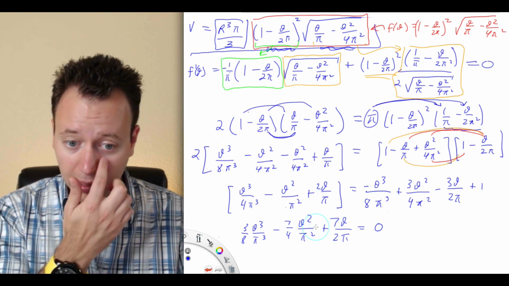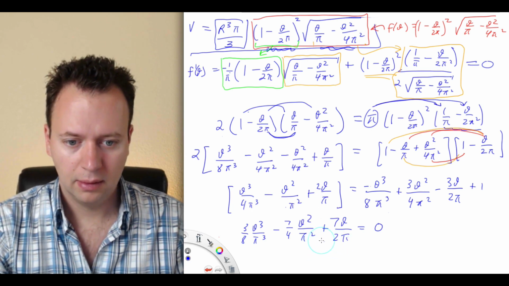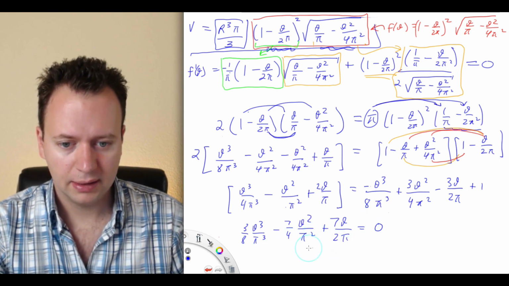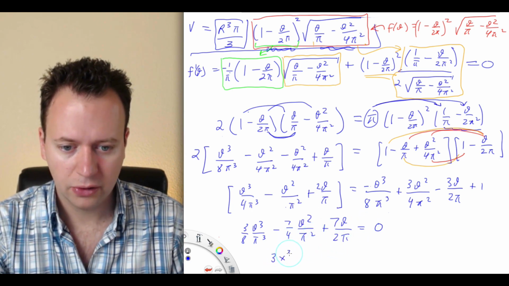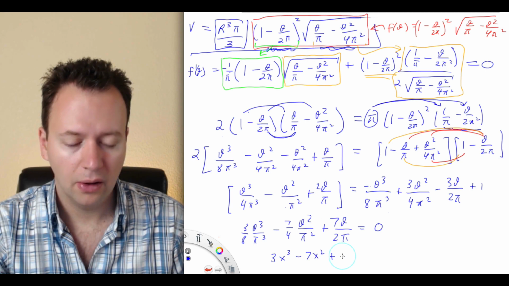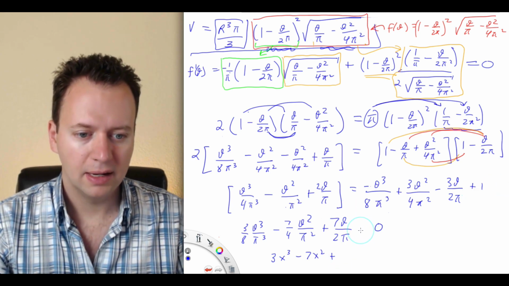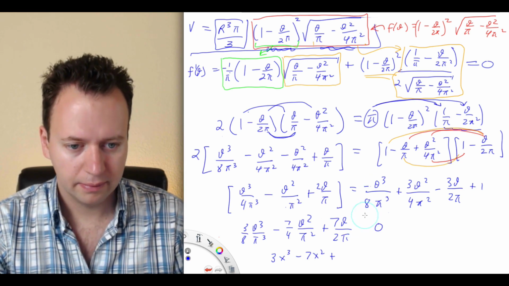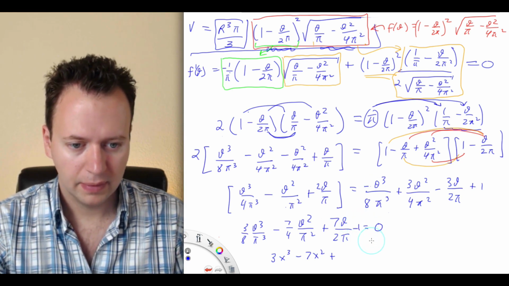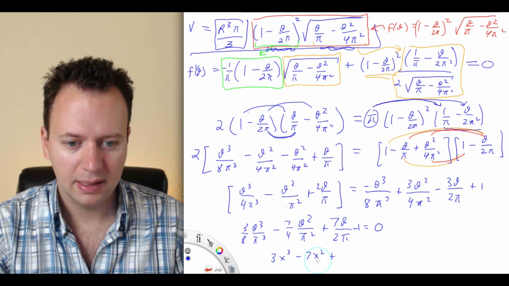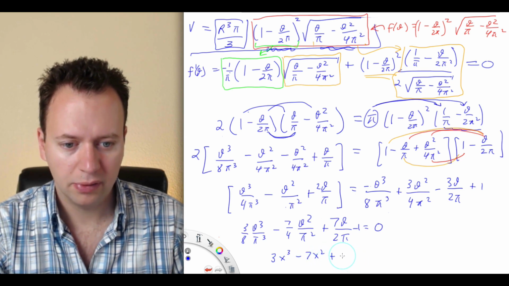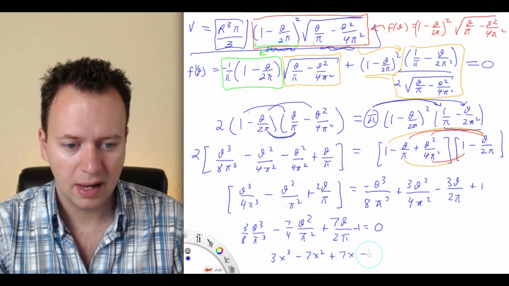Now notice that we can actually say that this is 3x cubed minus 7x squared plus, oh, and then there's a 1 there, isn't there? So then minus 1 equals 0. So minus 7x squared plus 7x minus 1.